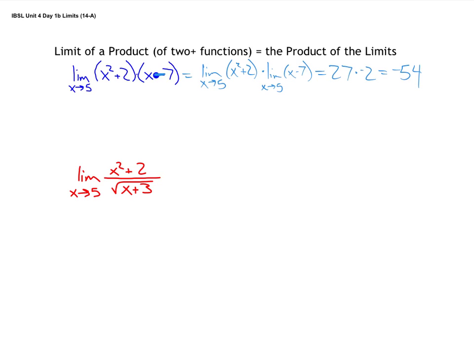Okay? Now again, that's a pretty simplistic example there, but that's the same principle that we would use, say, to do this one.